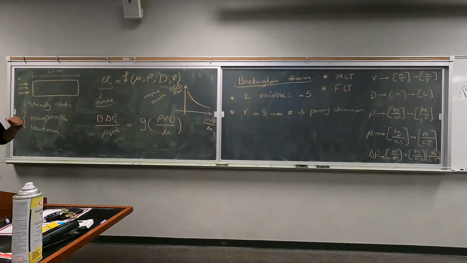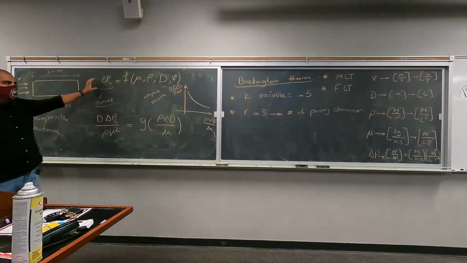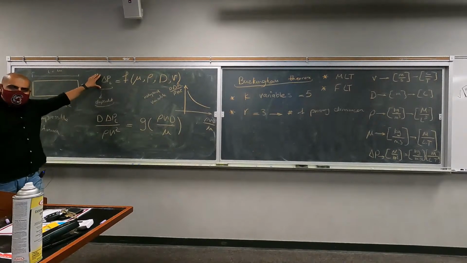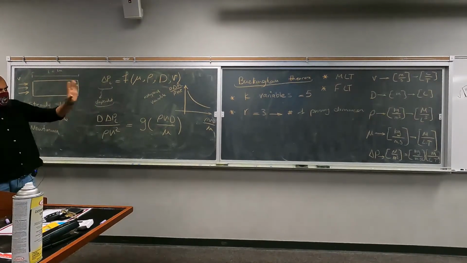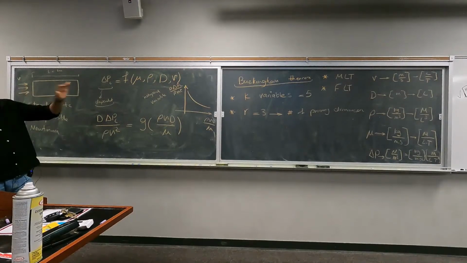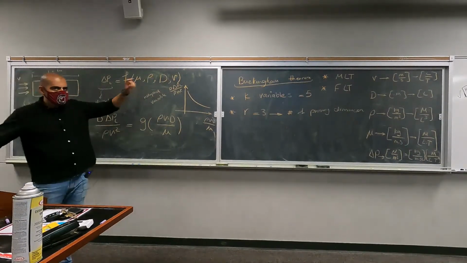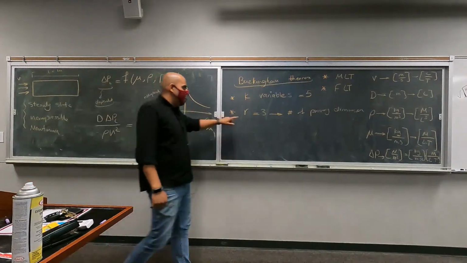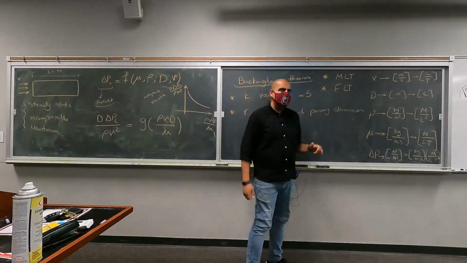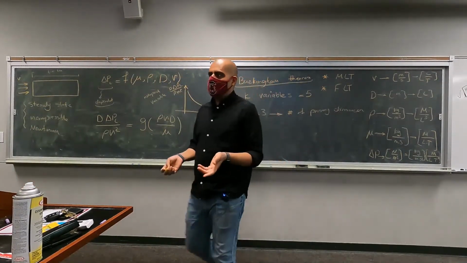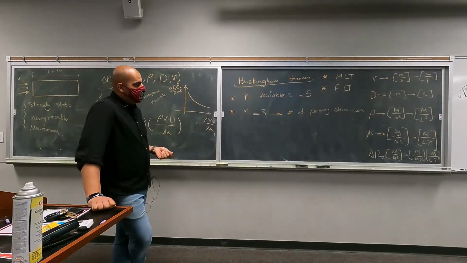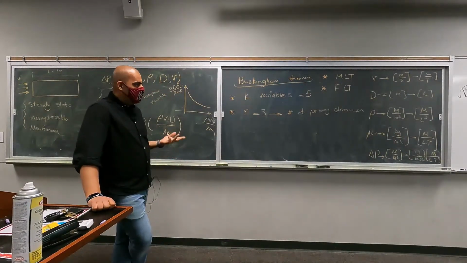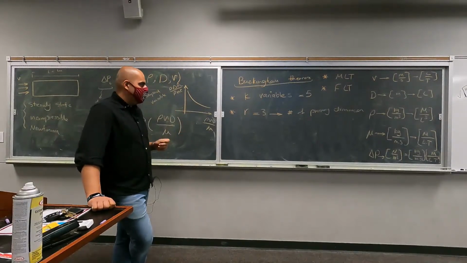Again, the goal here is to get from a more complex situation to a rather simple situation, okay? We want to employ that method. The first thing you need to do when using that methodology is to count the number of variables, 1, 2, 3, 4, 5, and then count the number of primary dimensions present. In most cases, the number of primary dimensions present in your problem is just 3, MLT or FLT, depending on the situation.